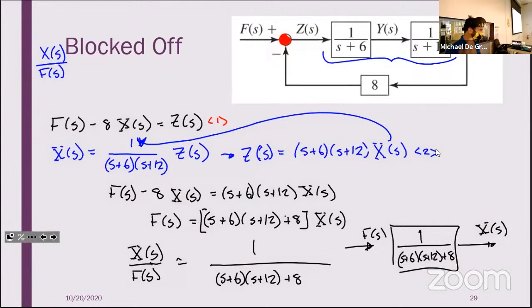And once again, you get a second order system. So what's the point? Well, the point is that if you're given a block diagram, you should be able to look at it, condense it, and simplify it. That's kind of the point.